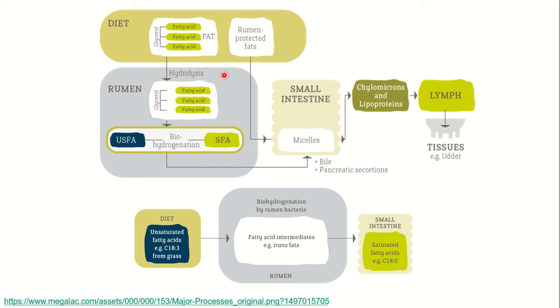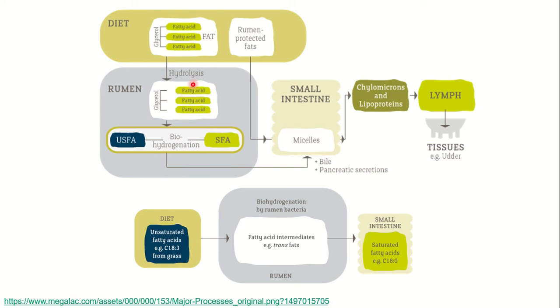Now, what the rumen microbes, or the bacteria present in the rumen, do is hydrolyze. Hydrolyze means to break down this fat molecule. So what happened is, after hydrolysis, the product is that the glycerol is separated from the fatty acids. Isn't this the basic unit of fats or lipids?